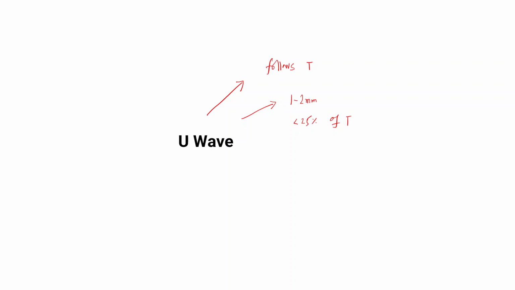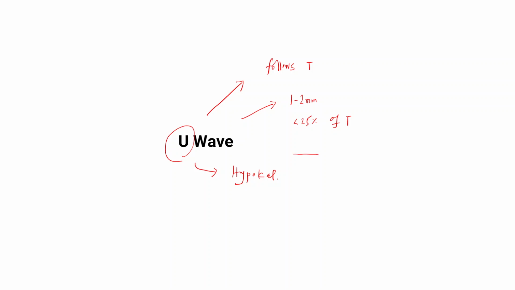And classically, this is described in case of hypokalemia. So this is the wave that follows the T wave. Maximum amplitude has to be 1 to 2 mm, less than 25% of the T wave, and classically described in hypokalemia.